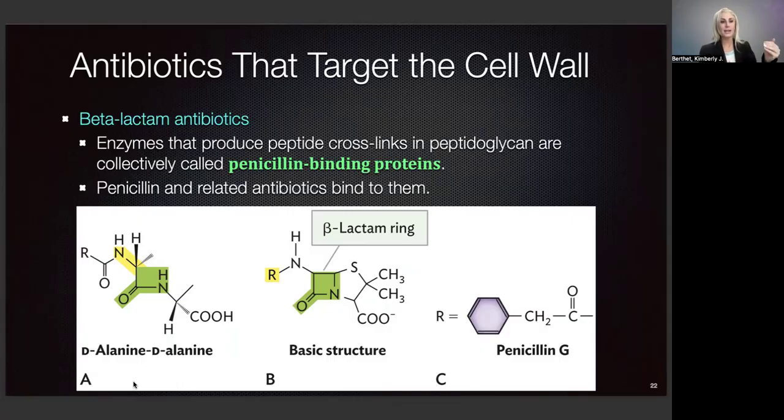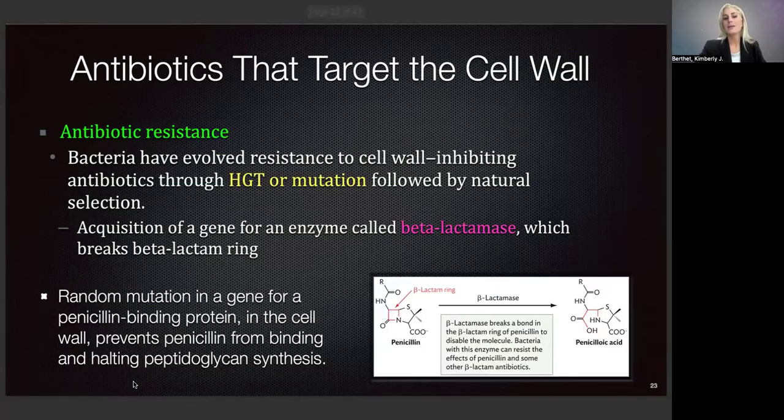We throw one thing at them, like antibiotics with a beta-lactam ring. They evolve, and then they can spread around those genes with horizontal gene transfer. So then we have to throw a different antibiotic at them. Then they evolve again. Then we have to throw another antibiotic, and then they evolve again. So we're constantly at warfare with microorganisms, and antibiotic resistance is something that we're continuously facing more and more of as we're giving them more exposure to antibiotics.